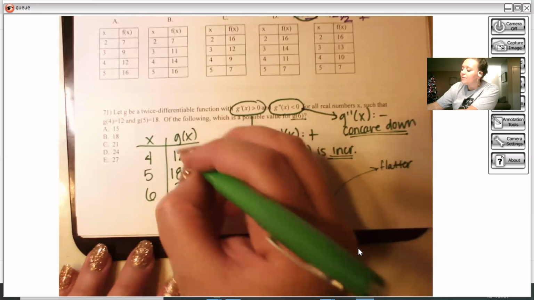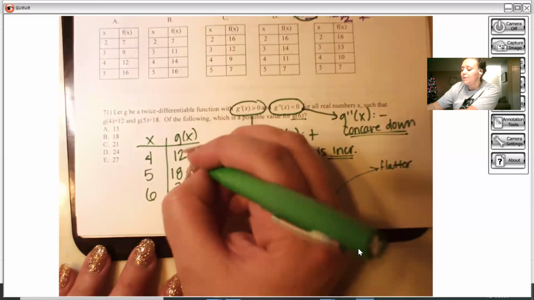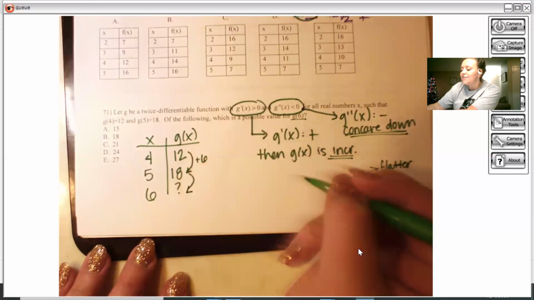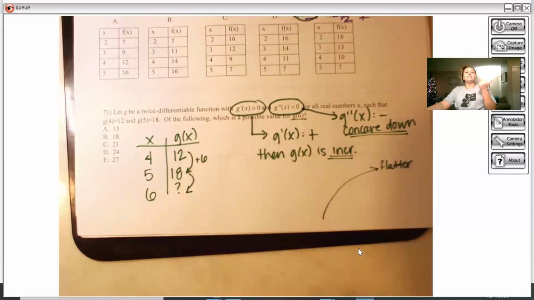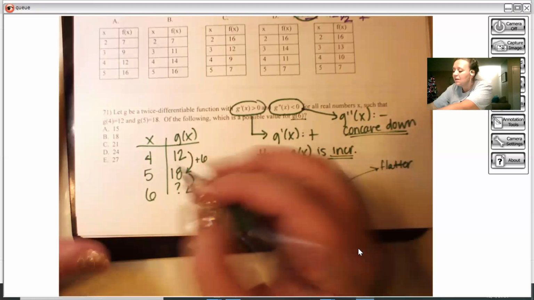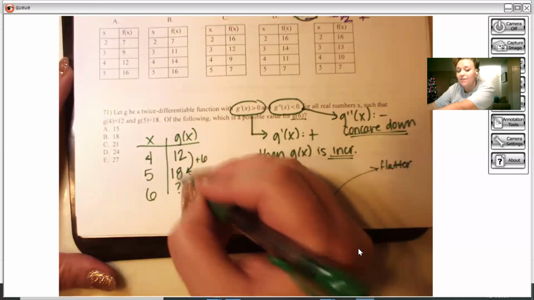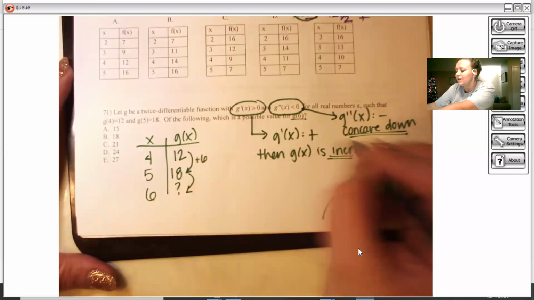So if I jump from 12 to 18, that's plus 6, then my next jump needs to be smaller than 6. First, let's eliminate some options. If I put 15 in this spot, 12 to 18 to 15, then I'm not even increasing anymore.